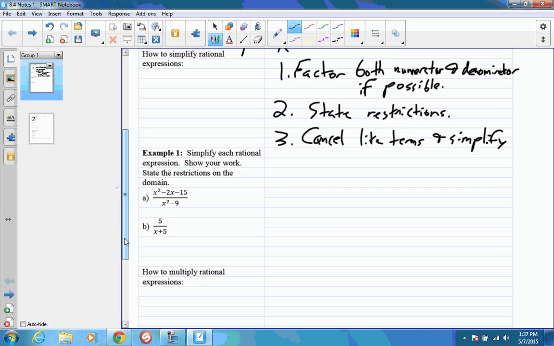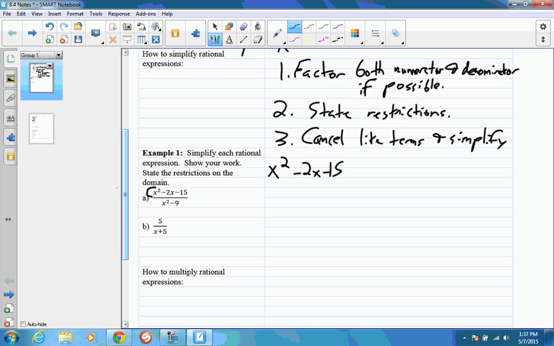Factor, if possible, right? Looking at this top part at least, that looks like it's probably going to factor. Bottom one will too, but we'll get to that. Let's just do the top first. X squared minus 2x minus 15.